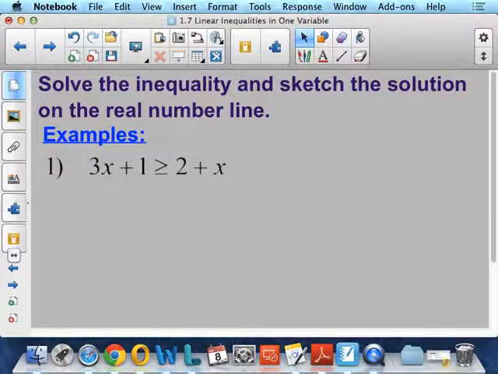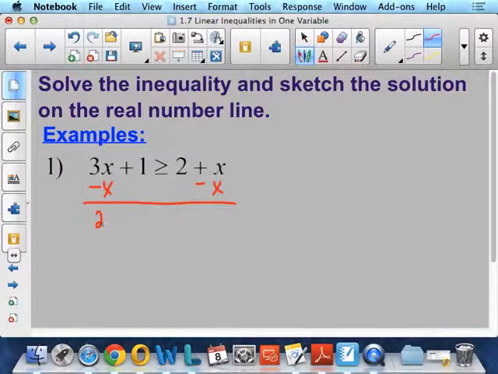All right, first example, we're going to solve 3x plus 1 is greater than or equal to 2 plus x. We're going to treat the greater than or equal symbol as an equal sign. So we're just going to solve for x. Okay, so let's get our x's together and everything else on the other side. So I'm going to subtract x from both sides.